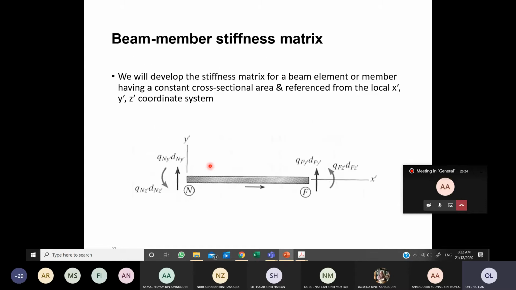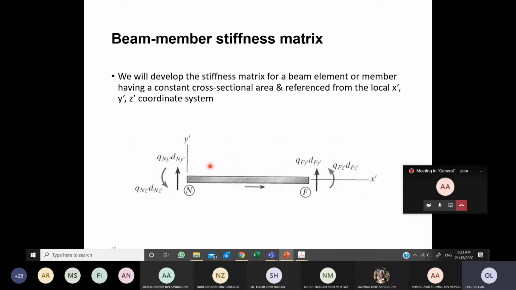Today we are going to look at the member stiffness matrix and also the structural stiffness matrix. We are going to have some reading quickly on this, but I will share a link later for a document on how to derive this stiffness matrix if you are interested.